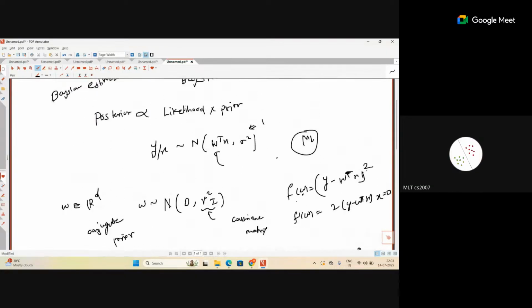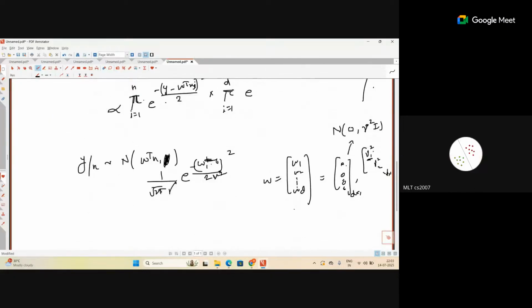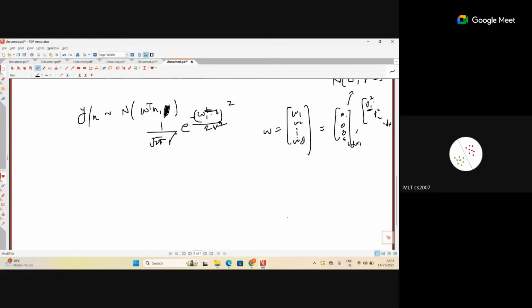W is some prior. It will be in d dimensions. Each xi is in d dimensions, so it is like x11, x12 up to x1d, the d features.